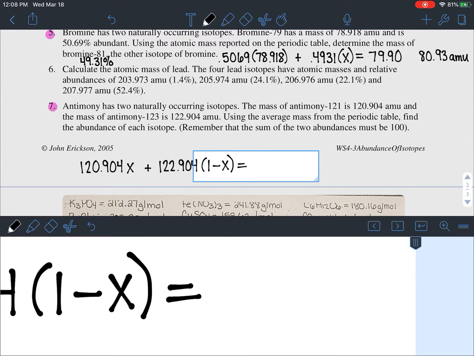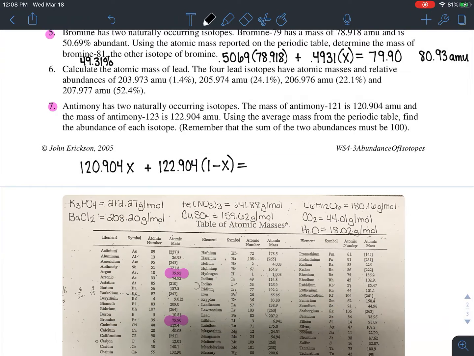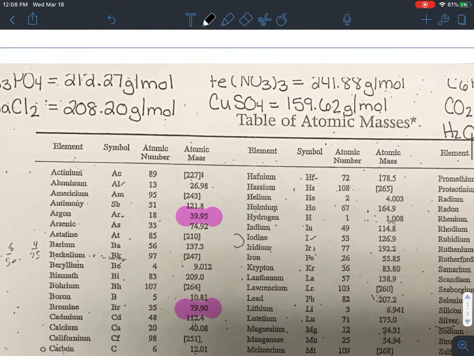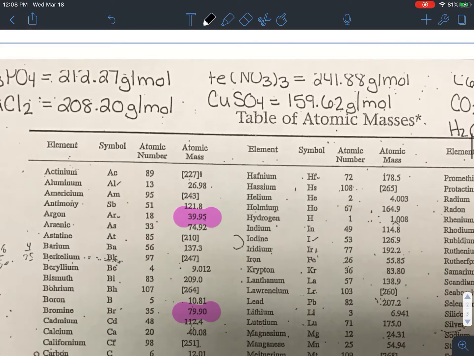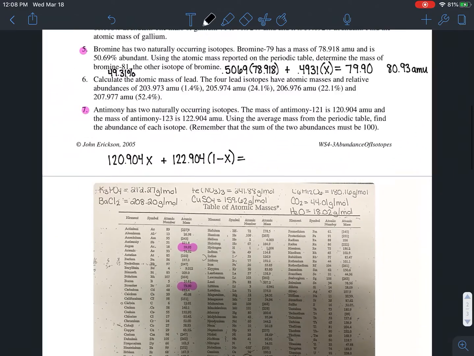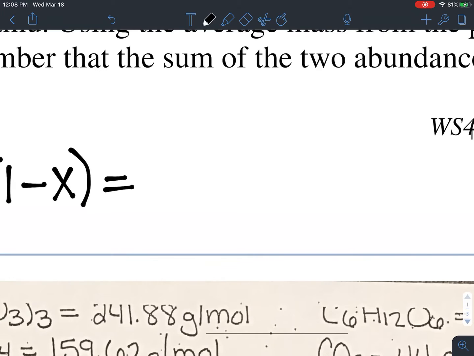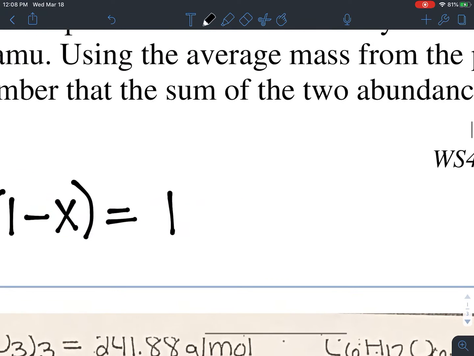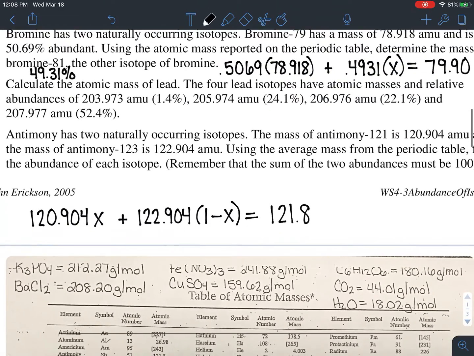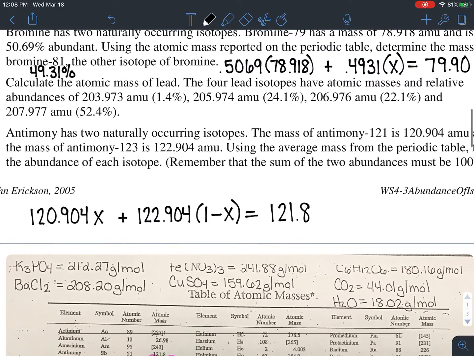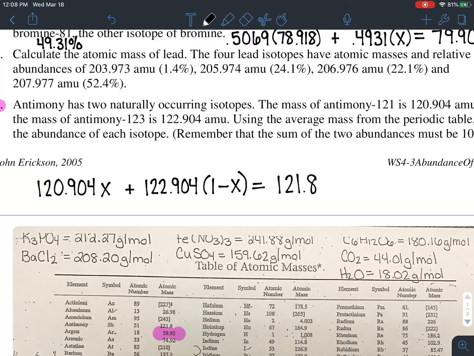And then we need to know what the average atomic mass is for antimony. So we'll just do a really quick scan of that. And it looks like it is 121.8. So 121.8 AMUs. Now we're going to just do some quick little bit of algebra here to solve this out.